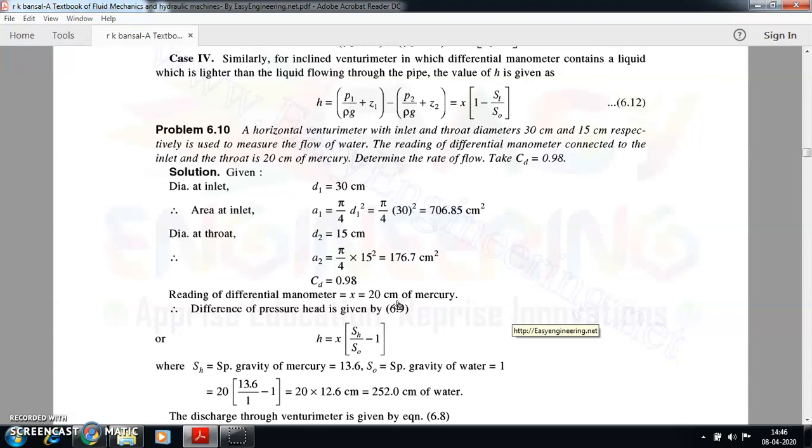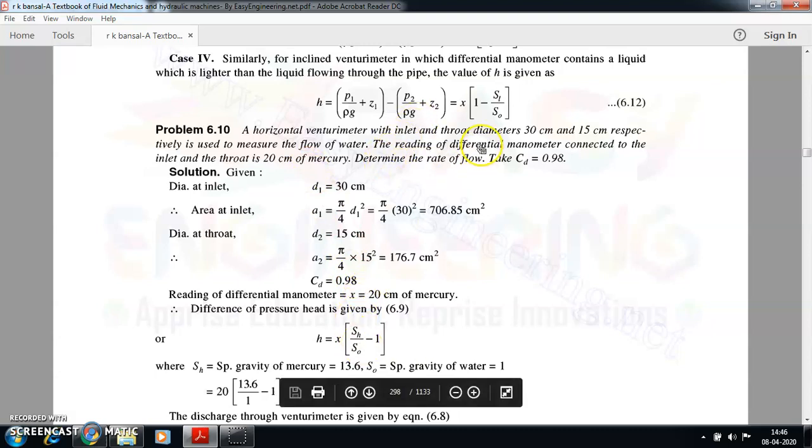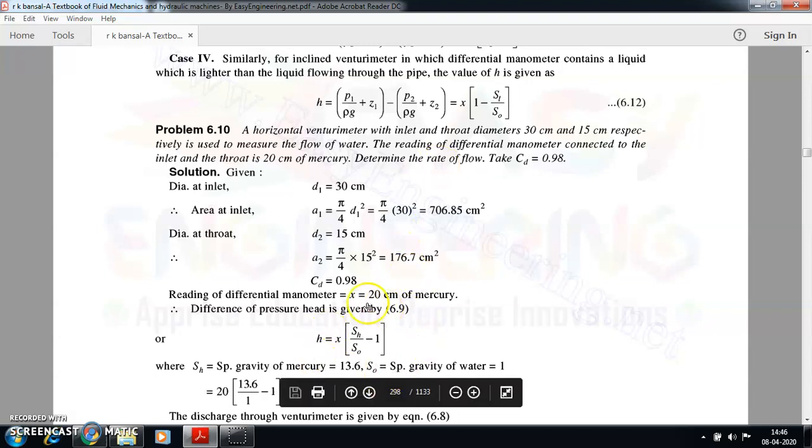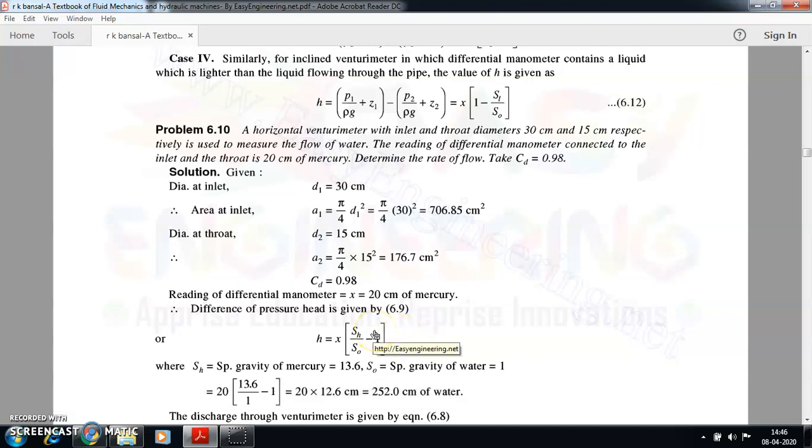Now, once you know this x value, in the final equation, when you want to find out rate of flow Q, you don't want x actually, you want small h, the difference in pressure head. So h can be found with the relationship of case 1, case 2, case 3, case 4, which we have seen.